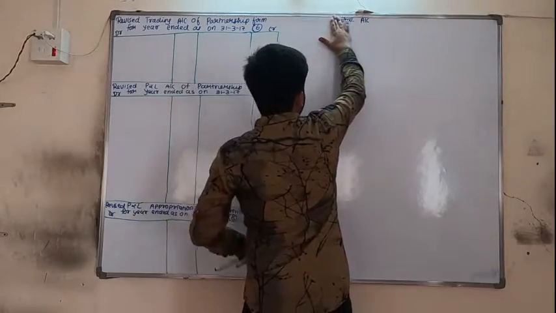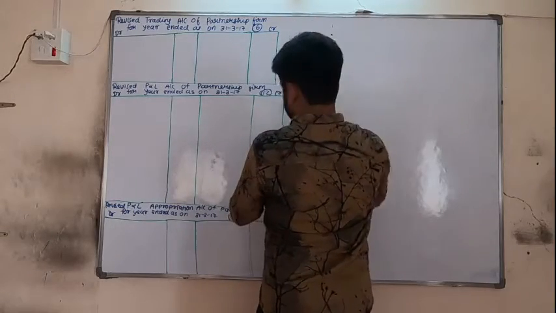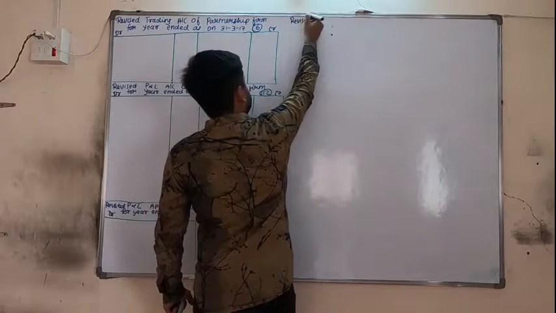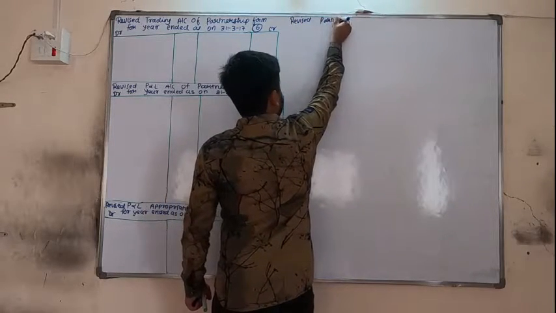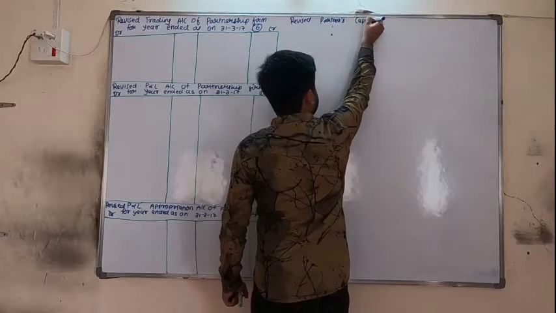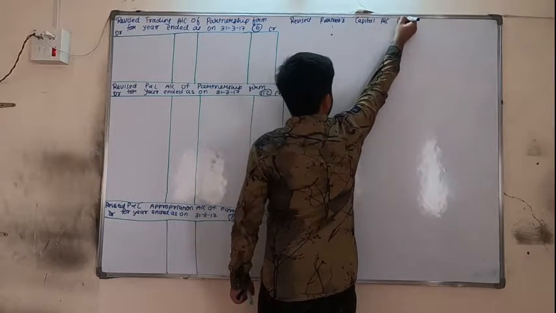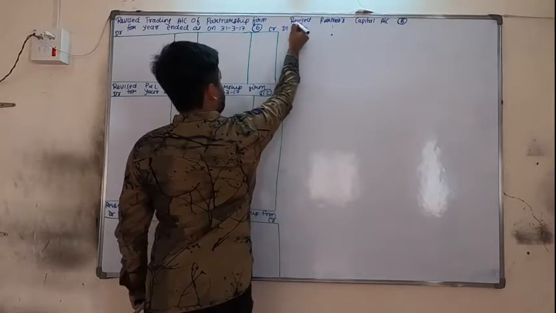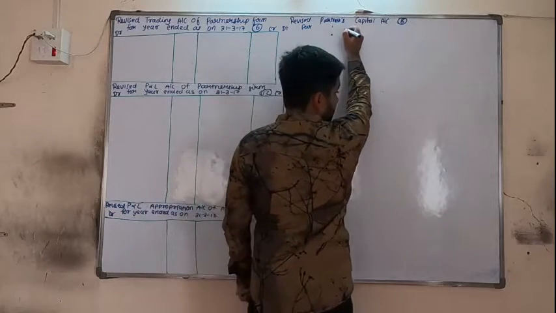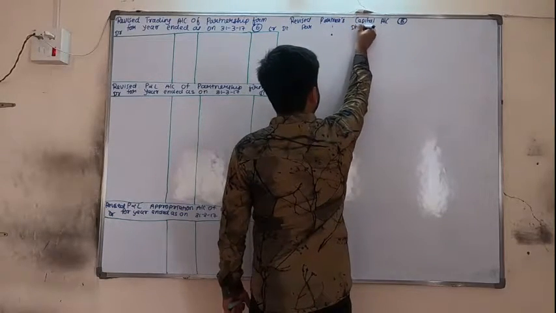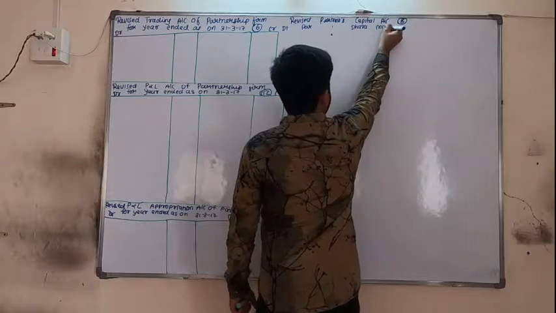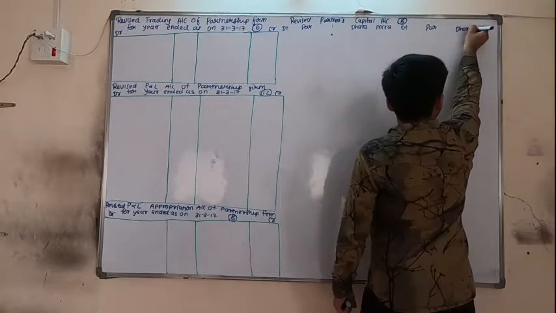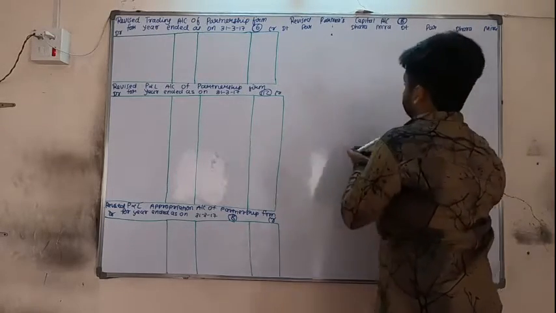Here also, everything is revised. Revised partners' capital account. Date, particulars, Dhara, Mira. Date, particulars, Dhara, Mira.